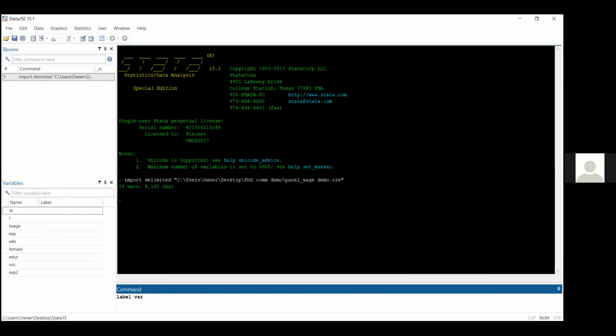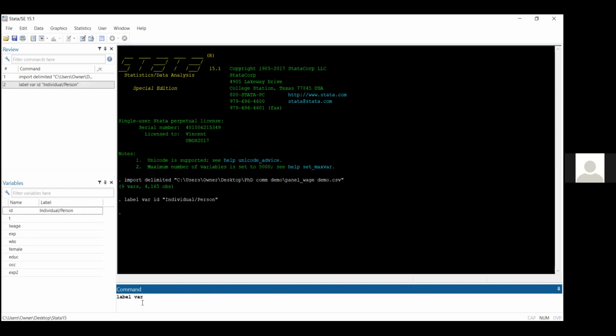I'm labeling a variable which we are seeing as ID, and it stands for individual, or a person that was observed in this sample. We just put that in quotation marks, and that is it. Once you label, it defines the meaning of this variable, wherever it is coming from. So I'll do the same for the second one.